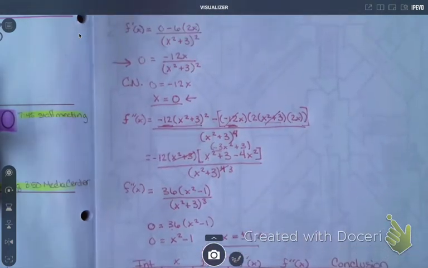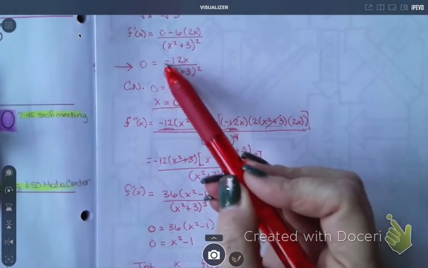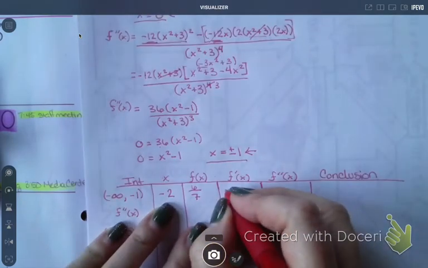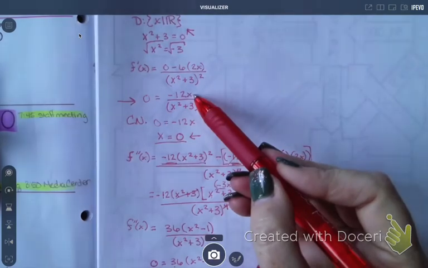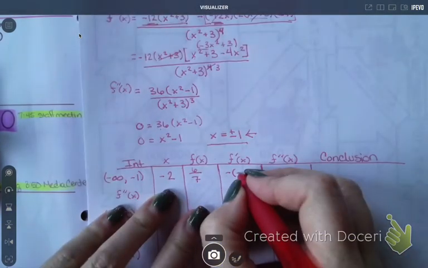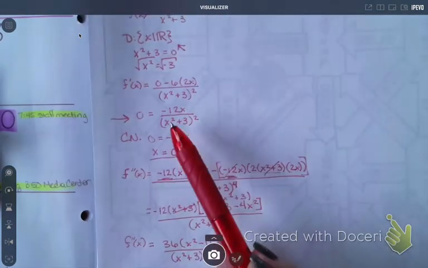So I'm coming up to the first derivative. This is a negative, yes? So I have negative for the negative 12. And I plug the negative 2 in here. I'm going to get a what? Negative. I plug negative 2 in the denominator.